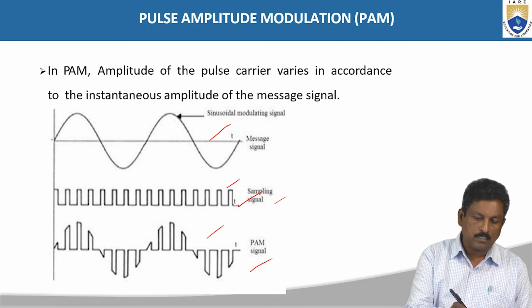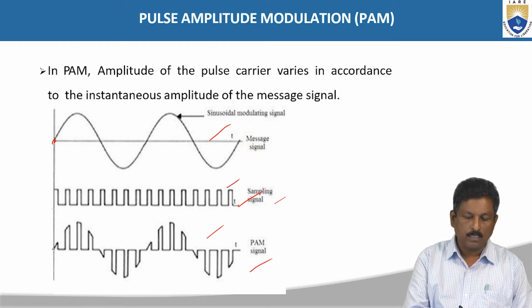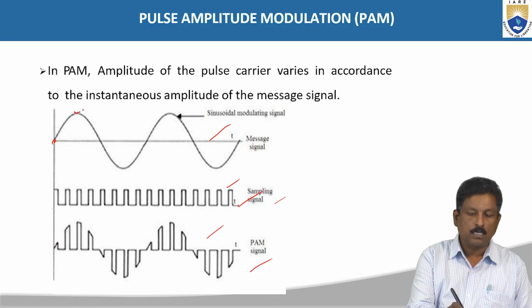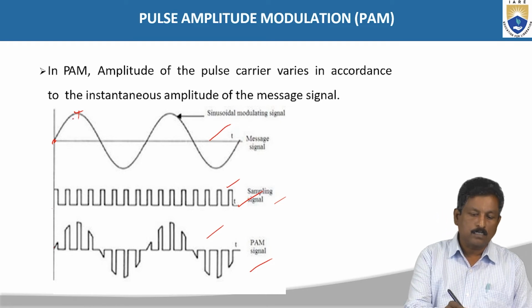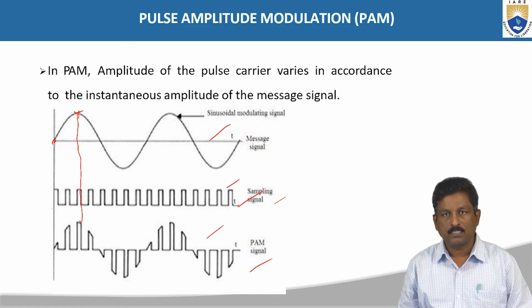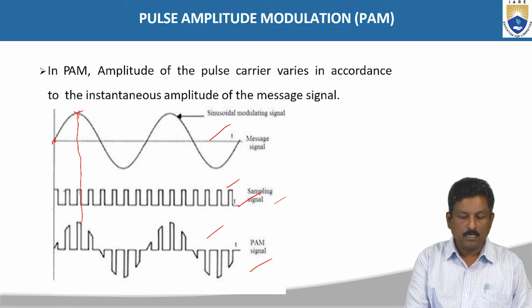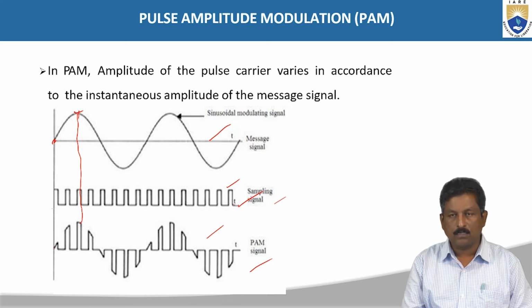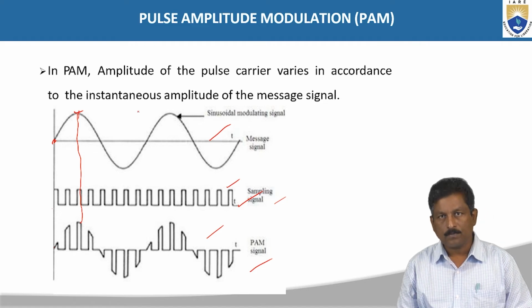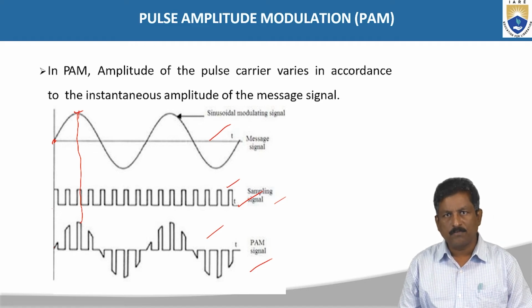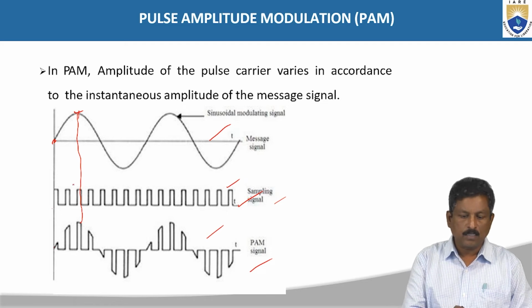Suppose you take the origin, the starting of the carrier signal; there is the same value. This is the highest value of our modulating signal. According to the variation of the highest value, the corresponding pulse magnitude will vary. Initially, all the pulses have uniform magnitude or uniform amplitude, but based on the modulation, the amplitude of the pulses varies according to the strength of the modulating signal.